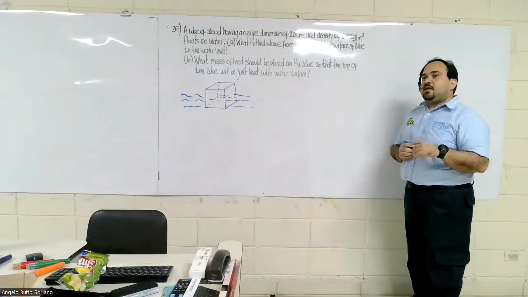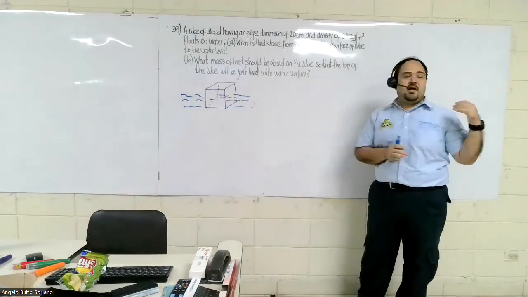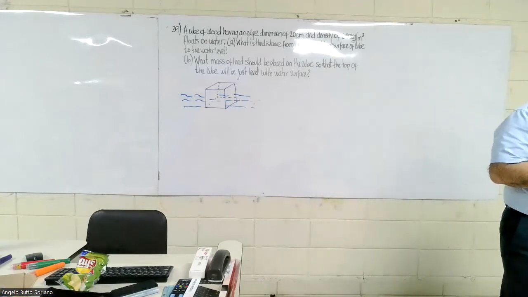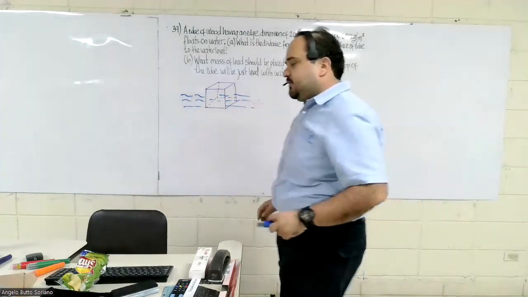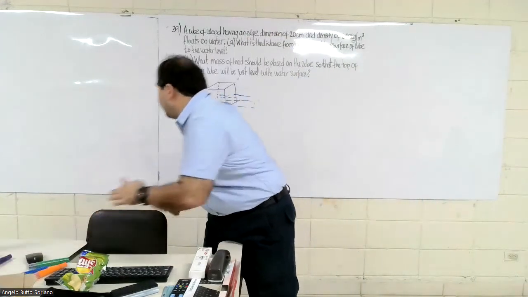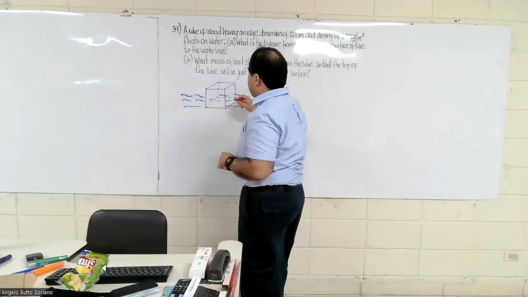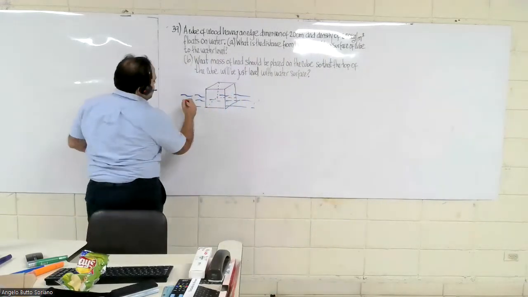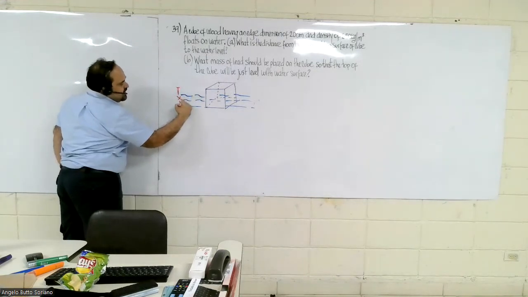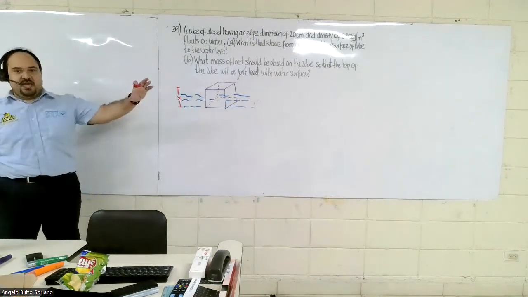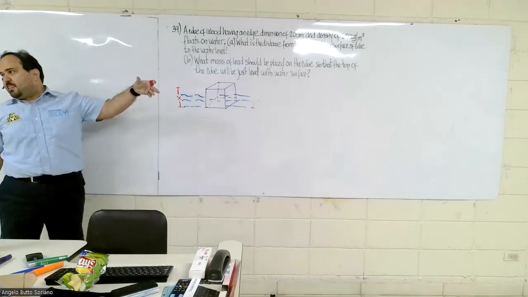And every edge of the cube has the same measure, 20 centimeters or 0.20 meters. But if you see the picture of the problem, the distance between this edge and this part, we can call X. X represents the edge of the cube.